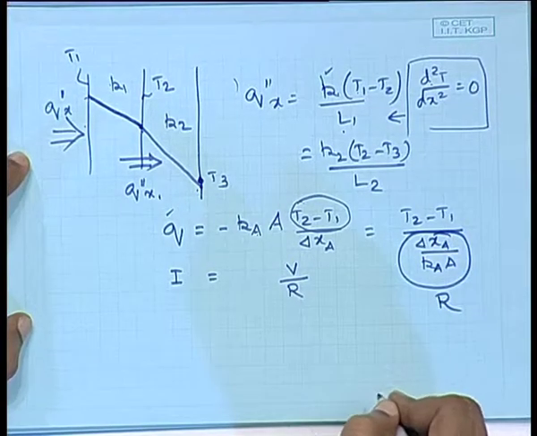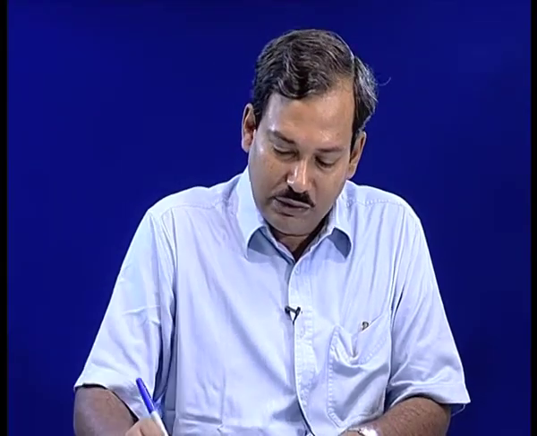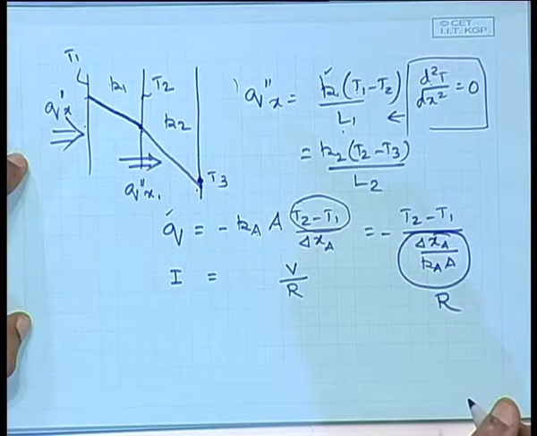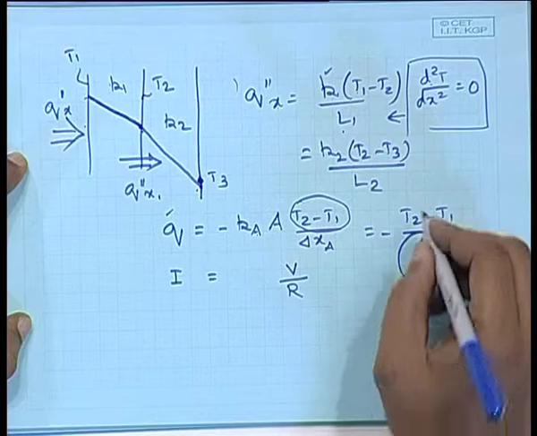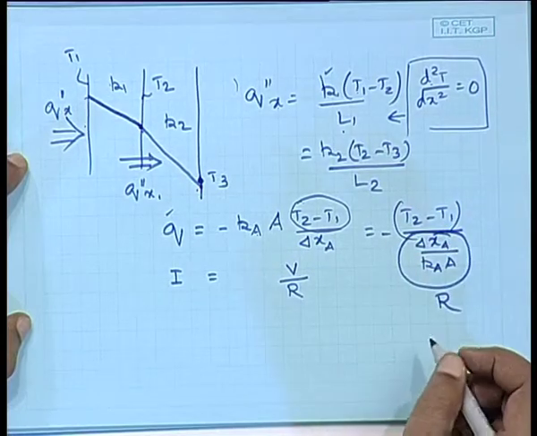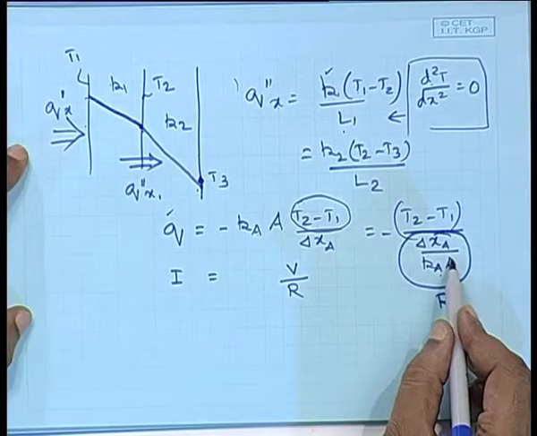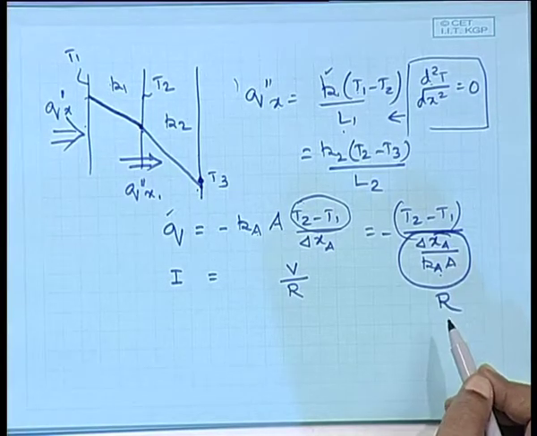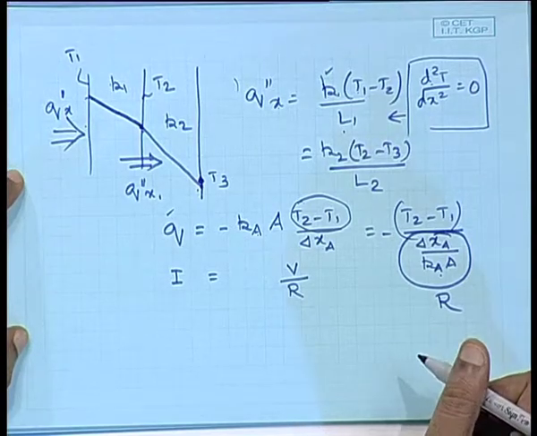The resistance to conduction is simply equal to delta XA, that means the thickness of the layer through which conduction is taking place, divided by KA, K of that material multiplied by the area. This is resistance to conduction.